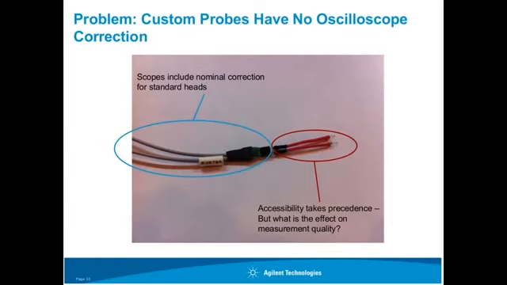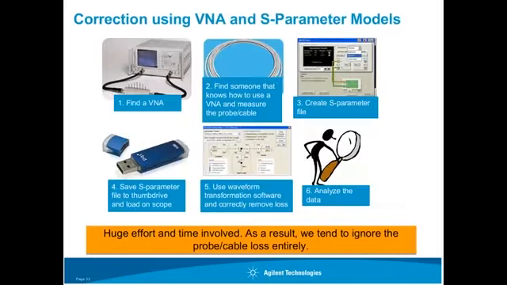One of the common ways to overcome this is to do the correction using the VNA and the S-parameter models. There are definitely some steps you have to take here in order to correct for the probe. You need to first locate a VNA. You need to find somebody who knows how to use the VNA.